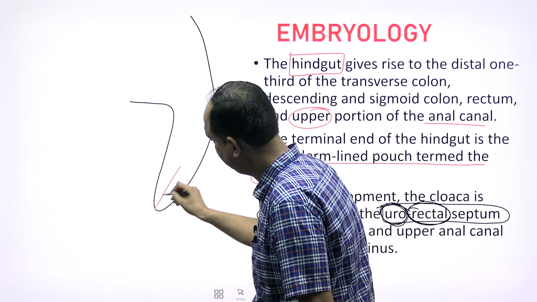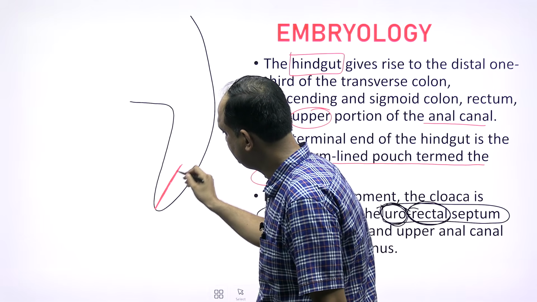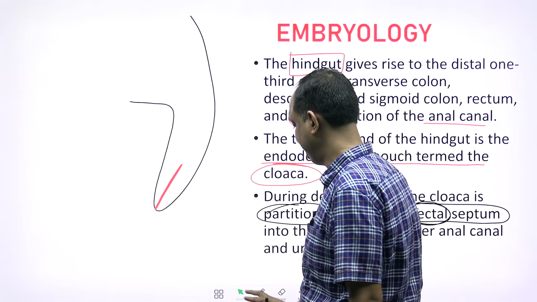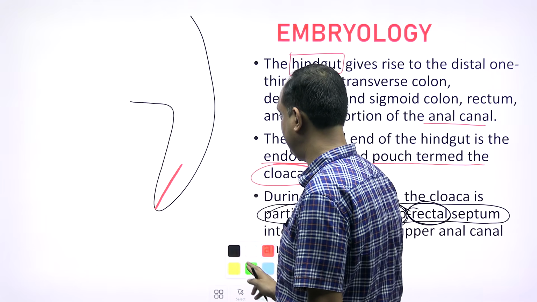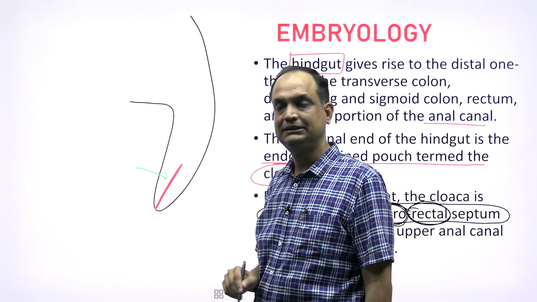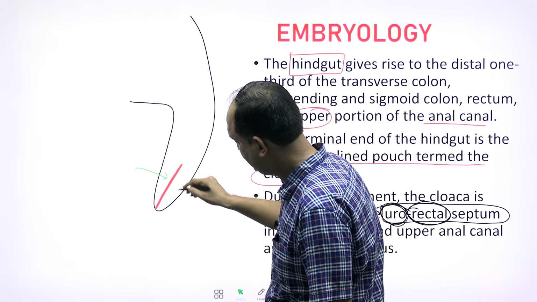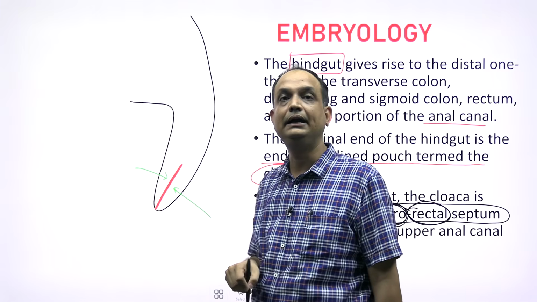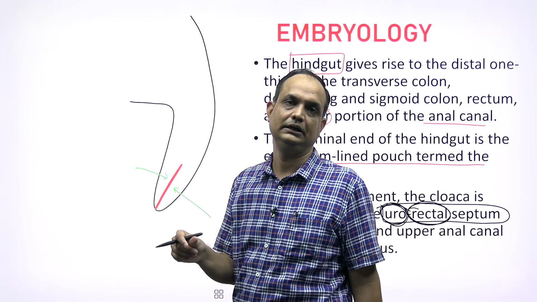This septum is known as the urorectal septum. Because of this septum, the cloaca now has two parts. The anterior portion is known as the urogenital sinus, and the posterior part is going to form your rectum and upper 2/3 of the anal canal. Clear?